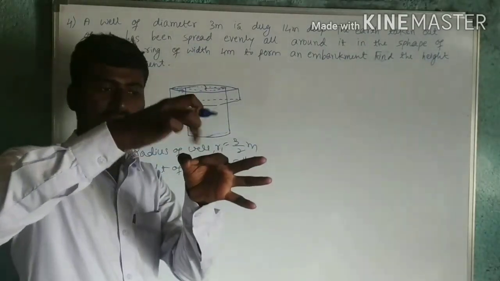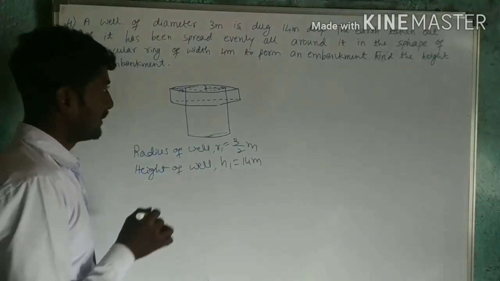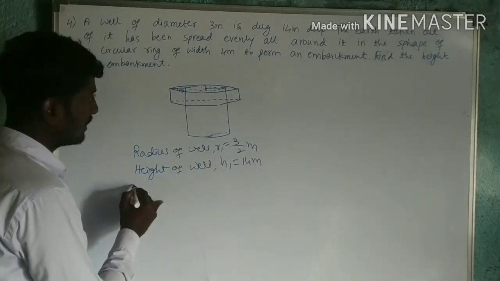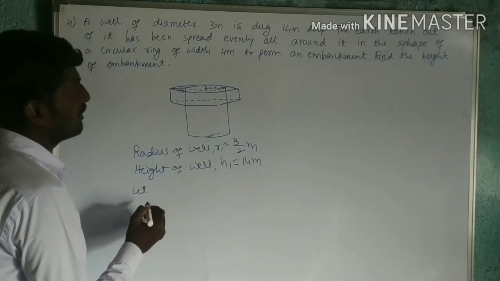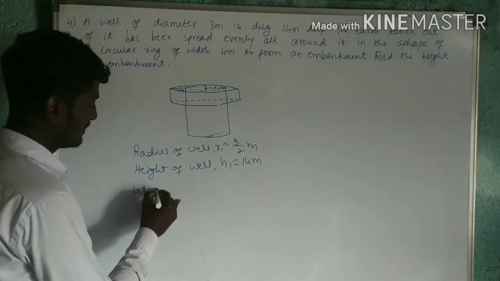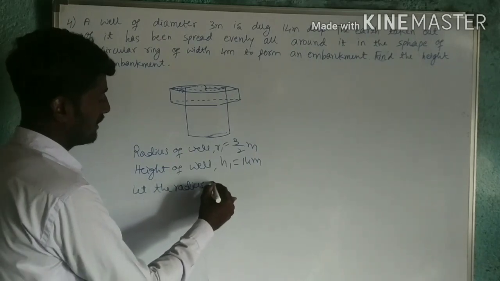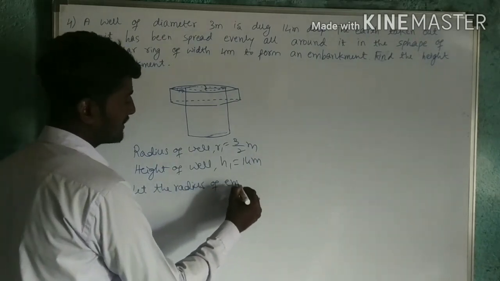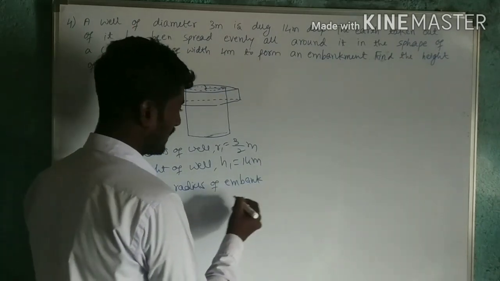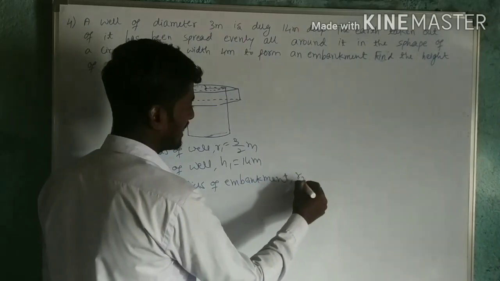From the center to here, I will take it as R2, the radius of embankment.